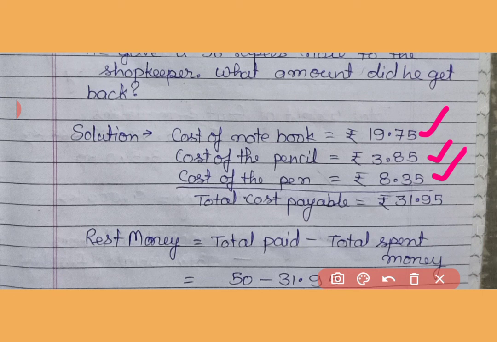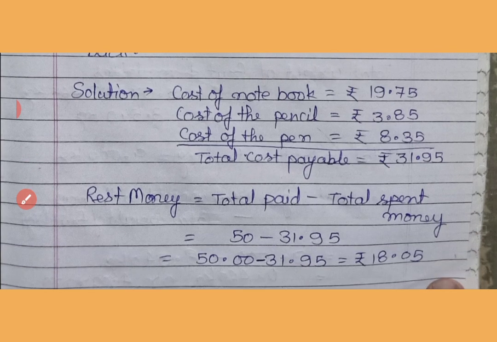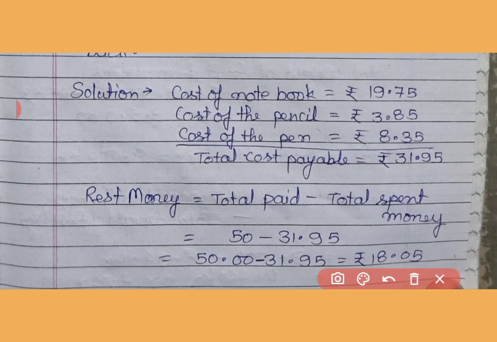So we will add here, total payable cost becomes 31.95 rupees, but he had paid a note of 50 rupees. So 50 will subtract this total payable amount.